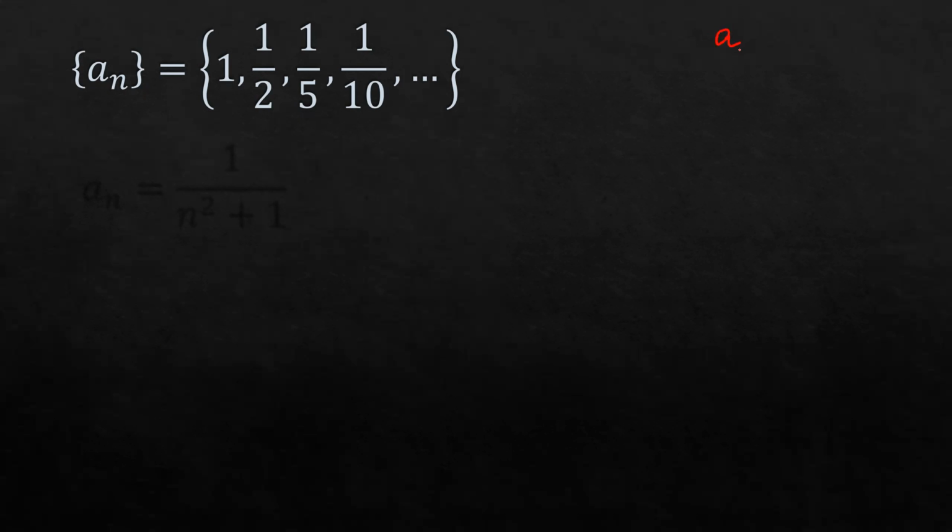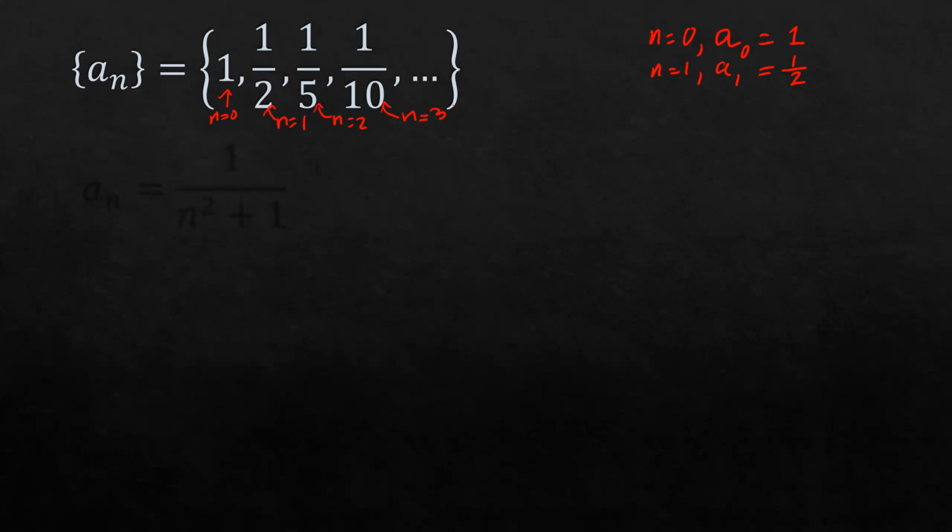So say a sub 0 is 1, meaning when n is 0, a sub 0 is 1. When n is 1, then a sub 1 is 1 over 2, right? And so on. So this is when n is equal to 0. When n is equal to 1, this is when n is equal to 2, and this is when n is equal to 3.